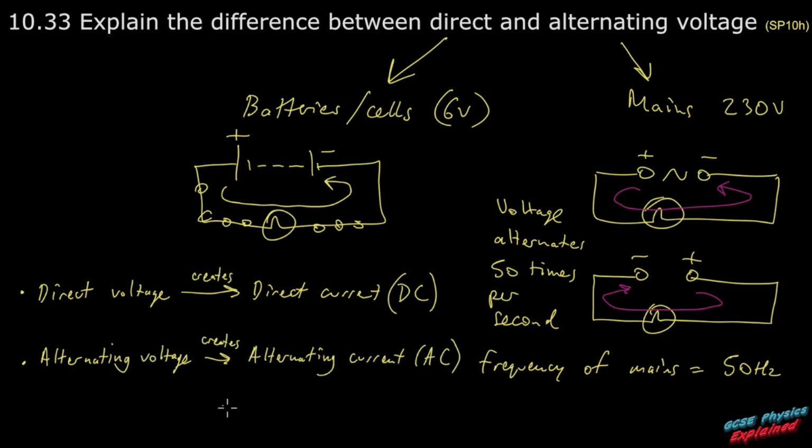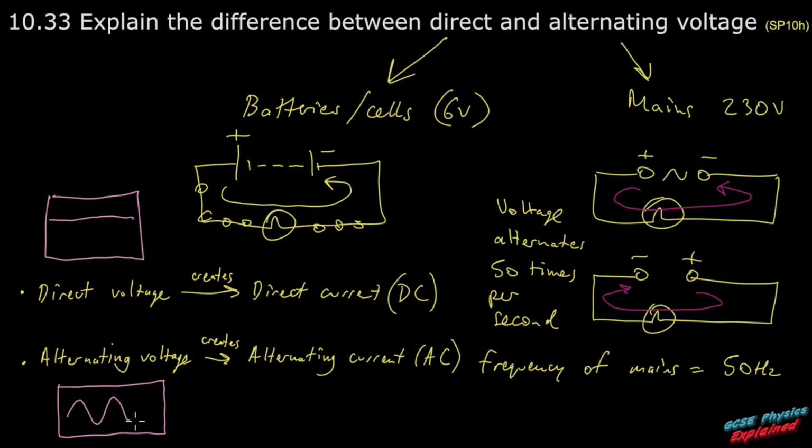And if you were to look at that on a cathode ray oscilloscope, which is basically a screen that can show the voltage, it would be steady for direct voltage. For alternating voltage it will go up and down like that.